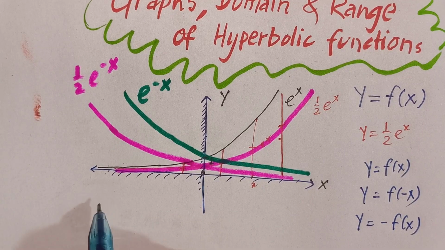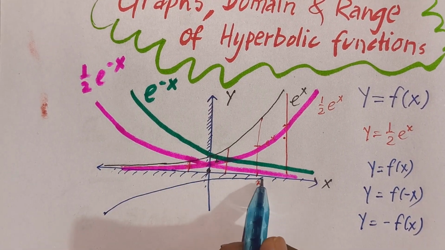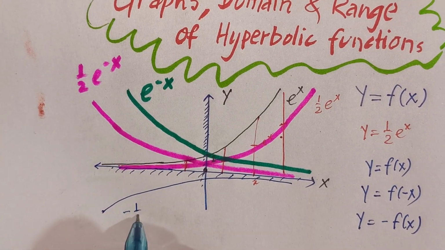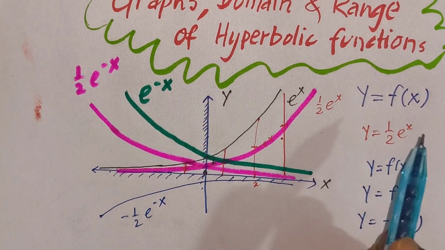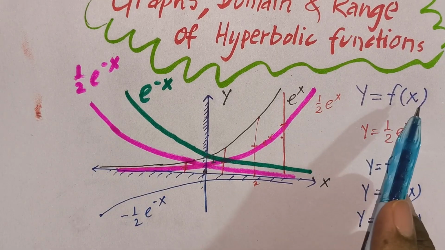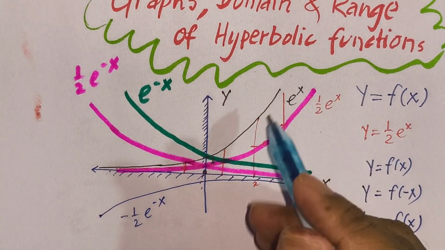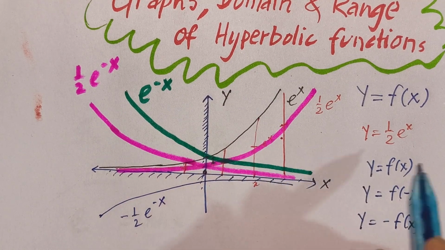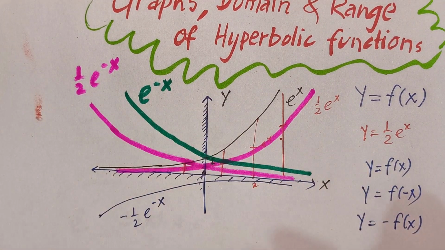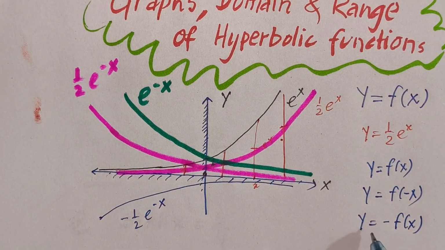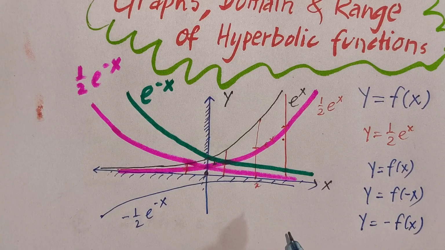The graph of minus half e to the power minus x looks like this. So if we know the graph of y equals f of x, then half f of x has all heights reduced to half, f of minus x is the reflection about the y-axis, and y equals minus f of x is the reflection about the x-axis.